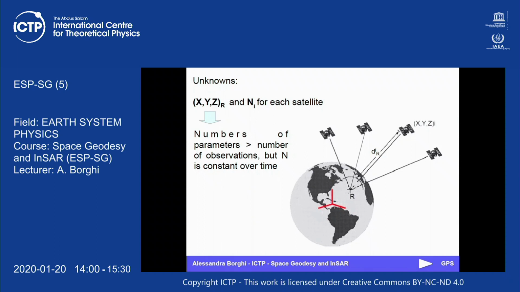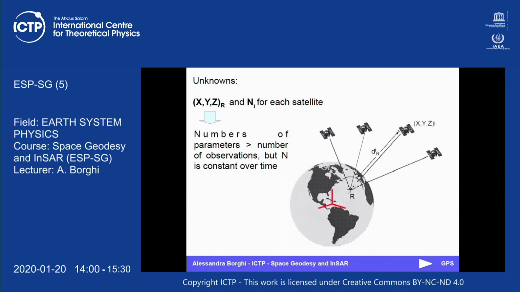And we can do this with just 4 satellites using observations at time T0 and time T1. So we have to increase the time of observation to use the phase for positioning.